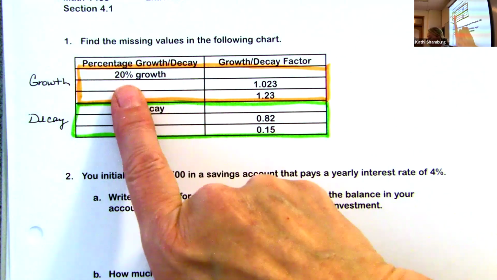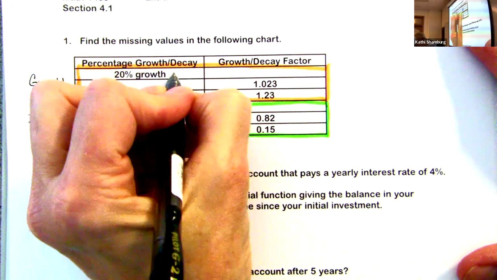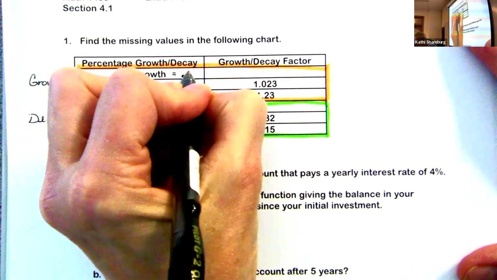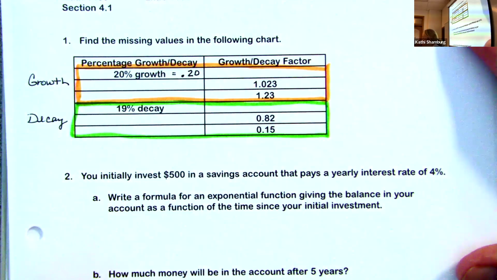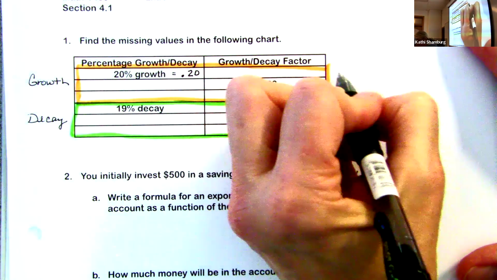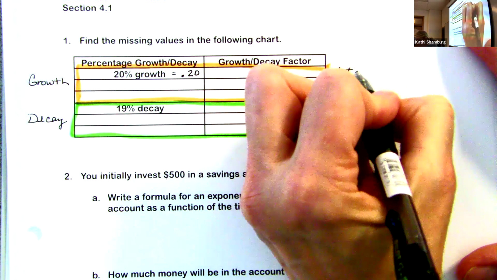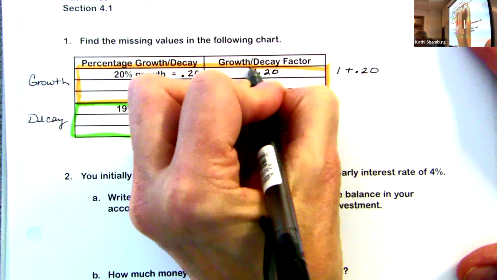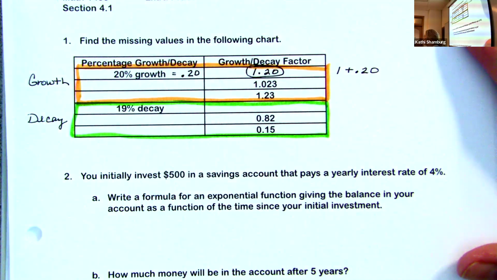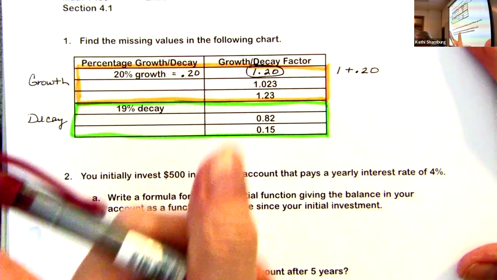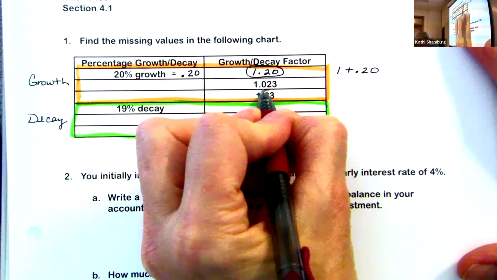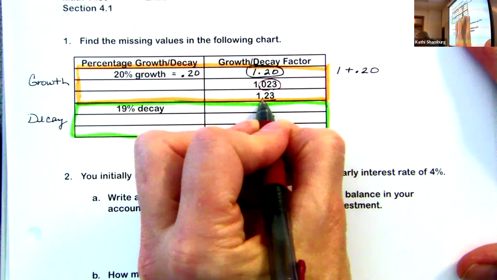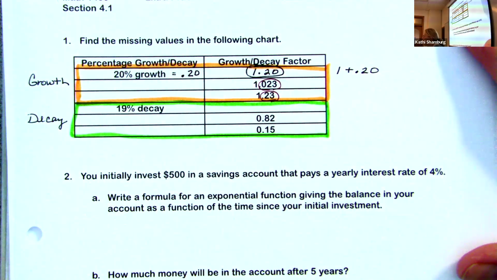All right, so 20% is equivalent to 0.20. So that growth factor is 1 plus 0.20 or 1.20. Now, when you're given the factor and you have to give me the percent, just basically eliminate that 1 and see what you're left with.